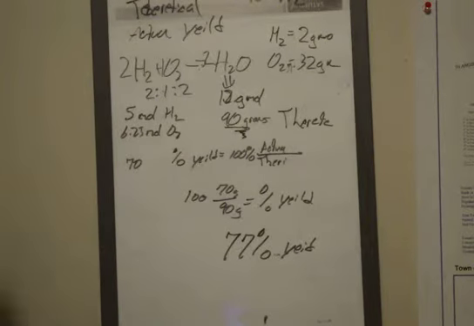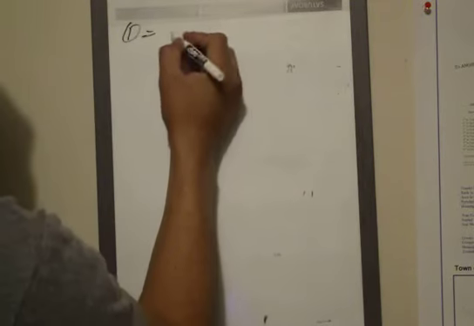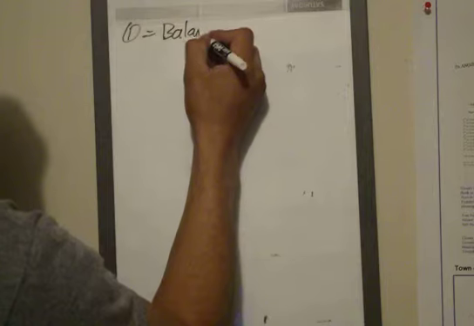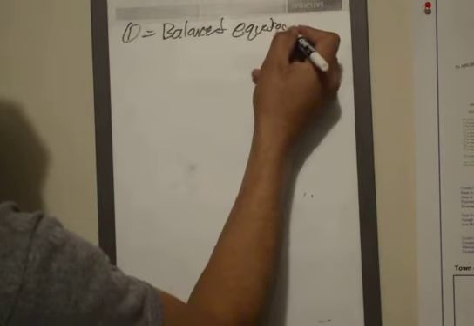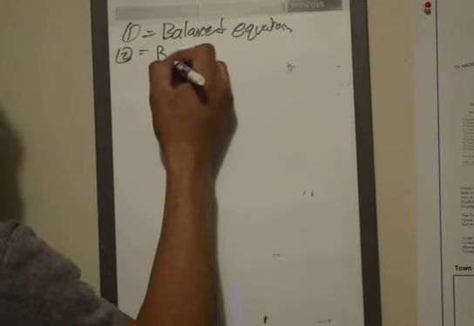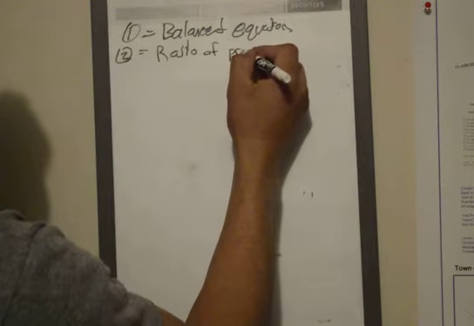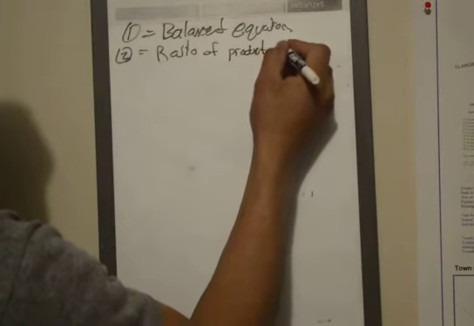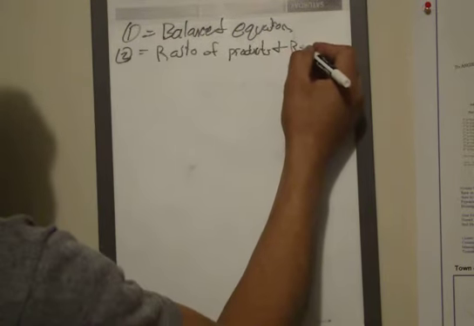I did that pretty fast, so I'll do it one more time just in case nobody got it. Step 1 in any limiting reactant problem is a balanced equation. Step 2, the ratio of products and reactants.